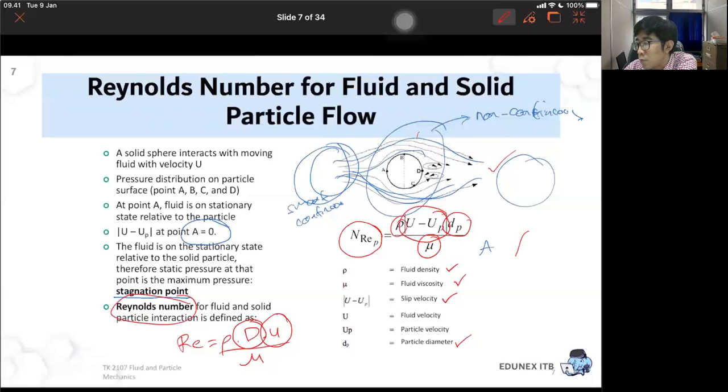So rho and mu are the same as in the flow Reynolds number: the density and the viscosity of the fluid. But d is the diameter of the particle, and the velocity is the slip velocity.